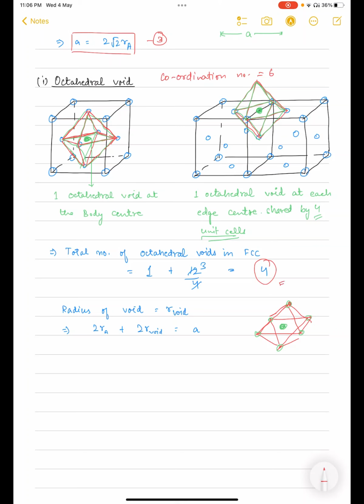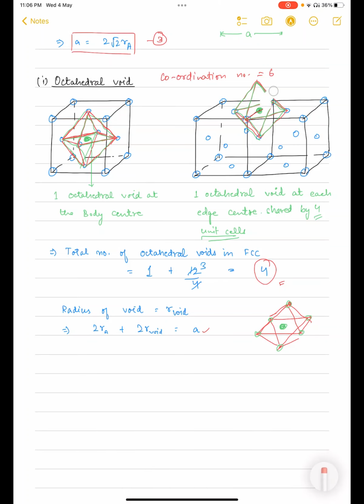Now, if the radius of the void is R void, then let us see here. Along this edge, of length a, there are 2 atomic radii and 2 radii of the void.